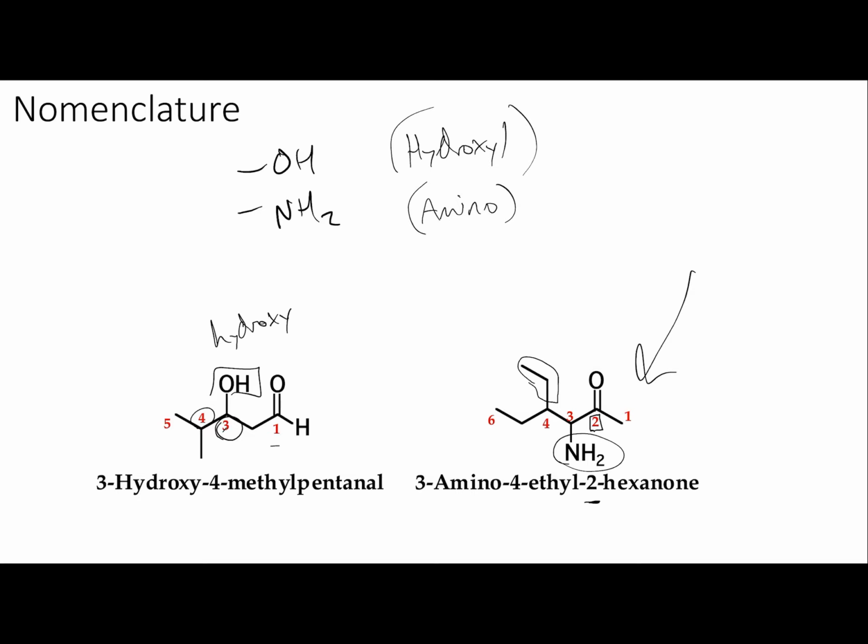So amino and hydroxy are how we would name these amines or alcohols when they have a ketone or an aldehyde functional group in them. To that effect, if we wanted to name this as an amine, then we would have to call the carbonyl group a keto group.